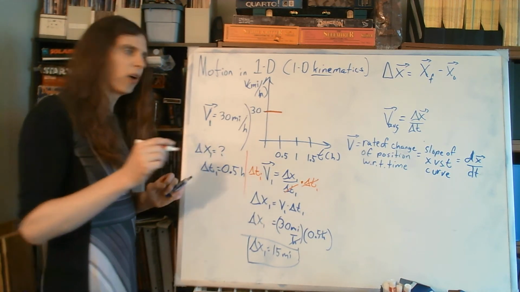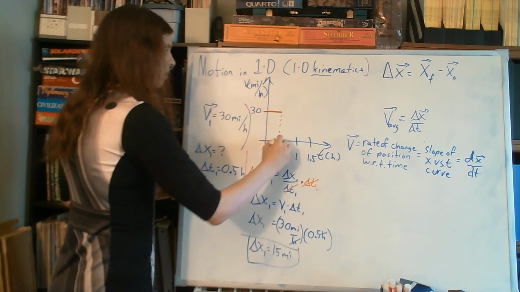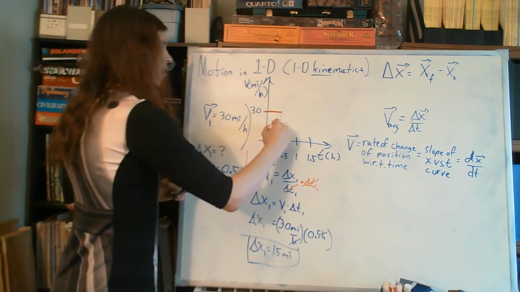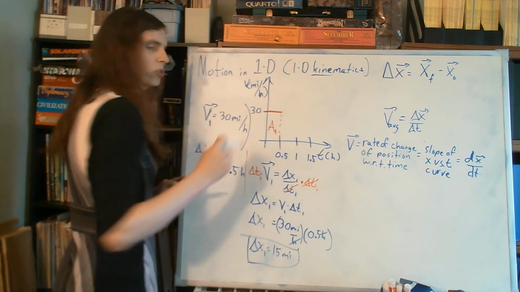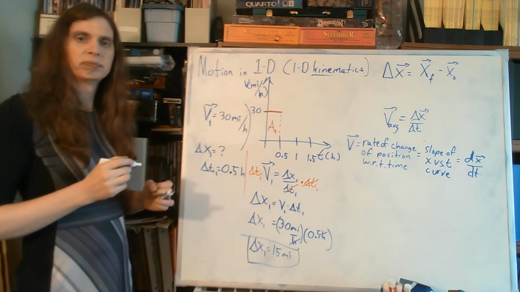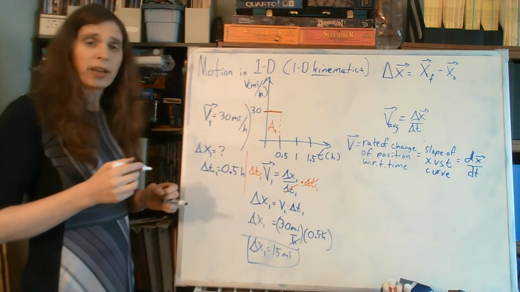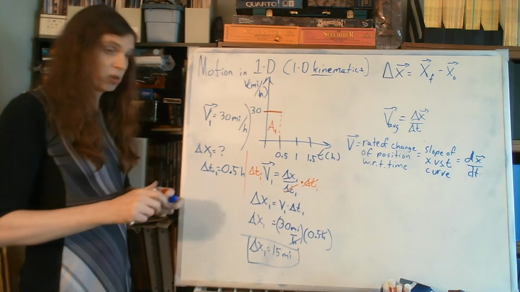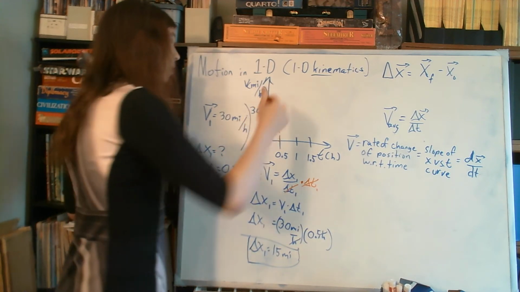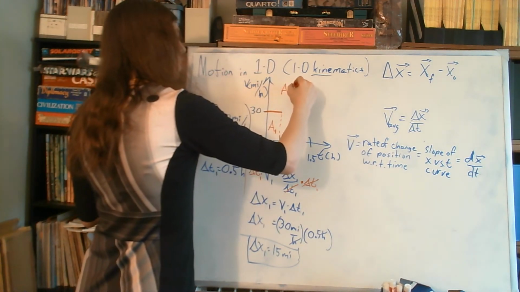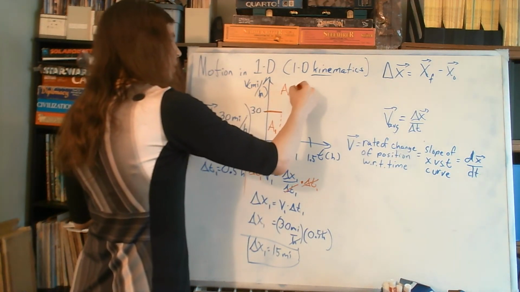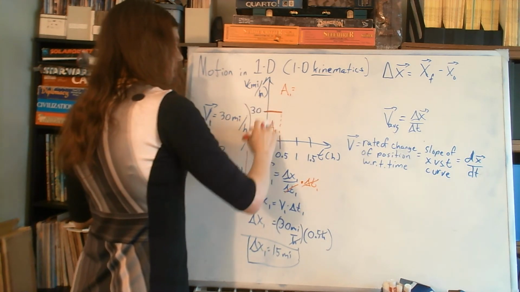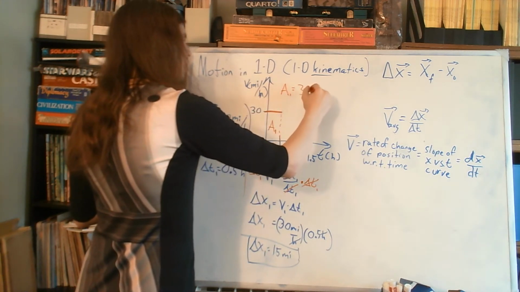What I want to do now is drop a line down here and find the area of this rectangle. And so, okay, I know areas. This is also very elementary school. The area of a rectangle is length times width. So the length is 30.